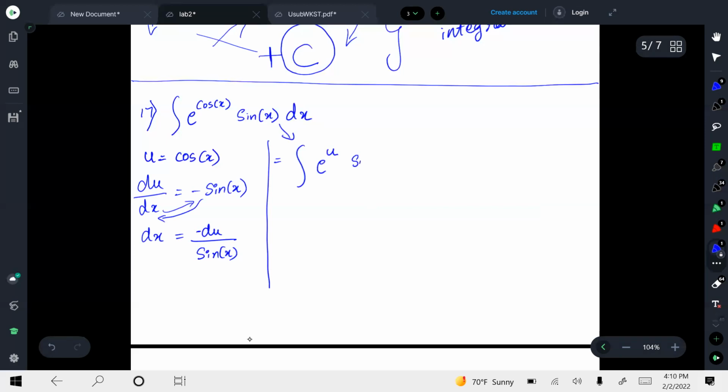Then what is sin of x? We will keep it as it is, into minus du by sin of x. Okay, now we can eliminate the numerator and the denominator. Now I will write this as, I will keep negative outside, e to the power of u du.